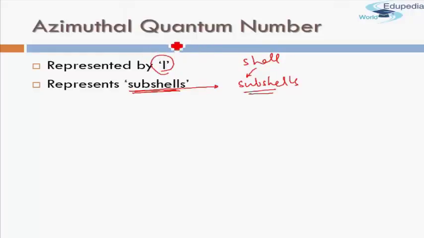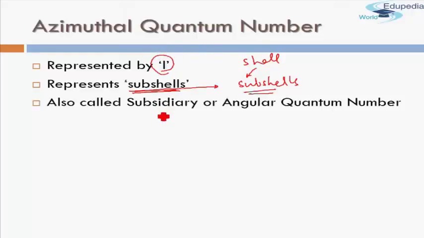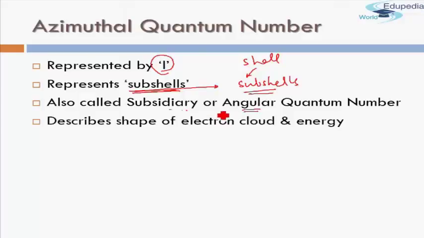It also has other names, namely subsidiary quantum number or angular quantum number. It describes the shape of the electron cloud and energy.